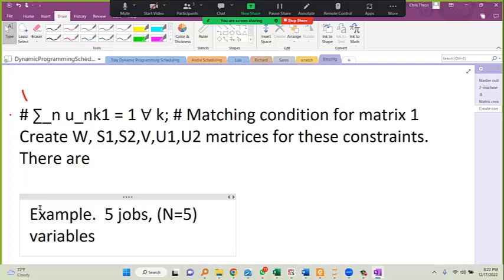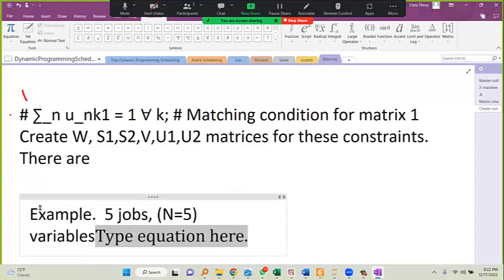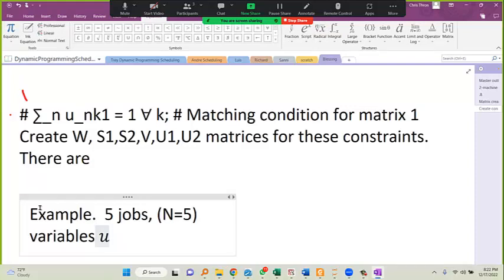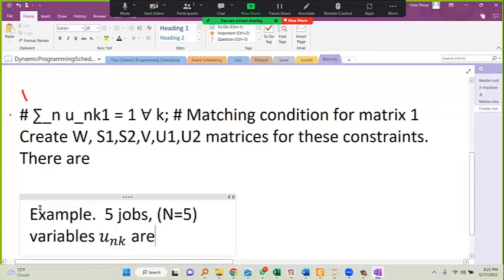If I take these variables U, I guess we're calling them NK1. So the first one is U111.